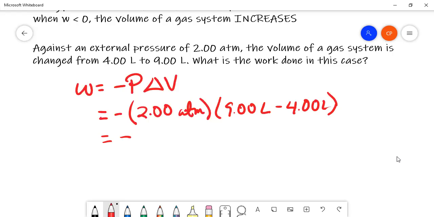And this is going to be 2 times 9 minus 4, which is 2 times 5, which is 10. And what units are these in? Don't overthink it. Liters times atmospheres.